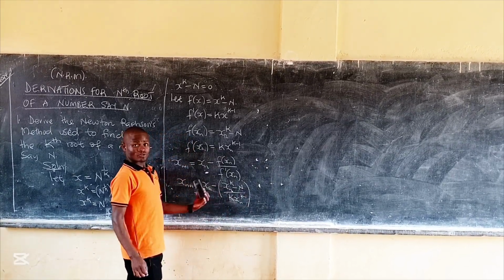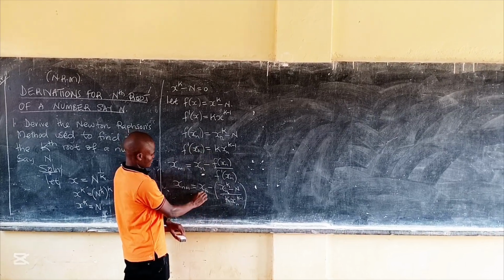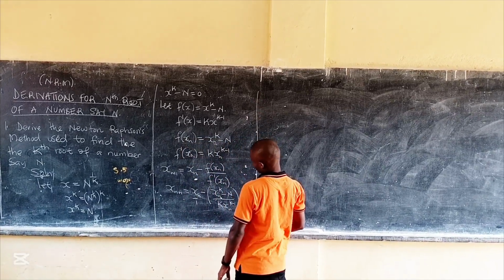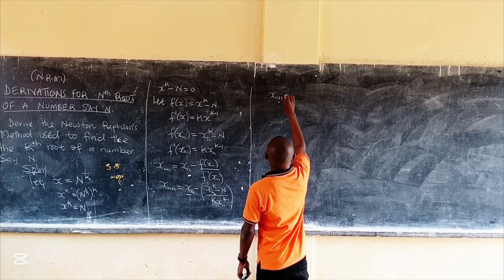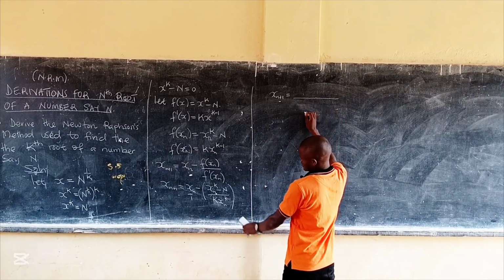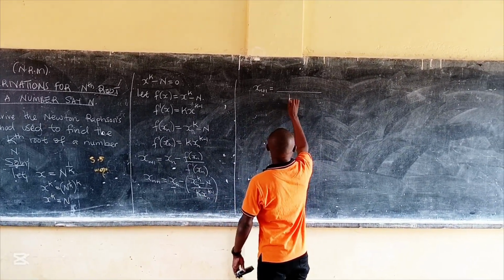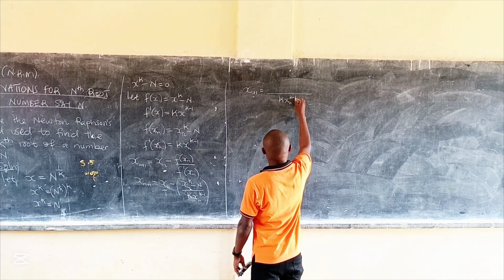Now it is upon us to simplify this function altogether. I believe this one happens to be a 1, and we can say xn plus 1 is equal to, now the LCM of the 1 and this function is simply k xn to power k minus 1.